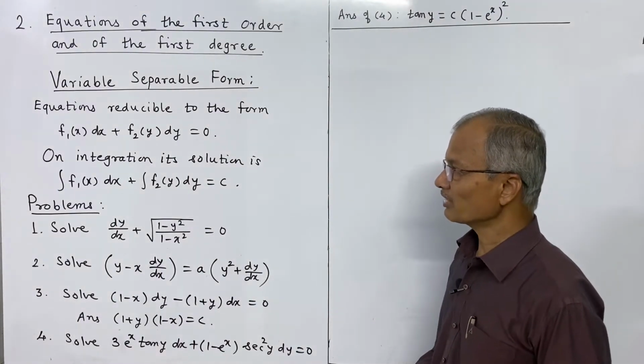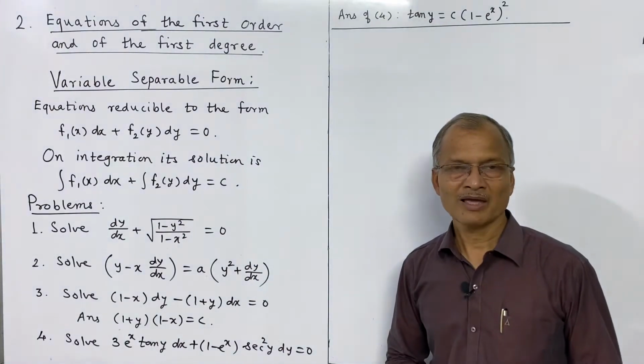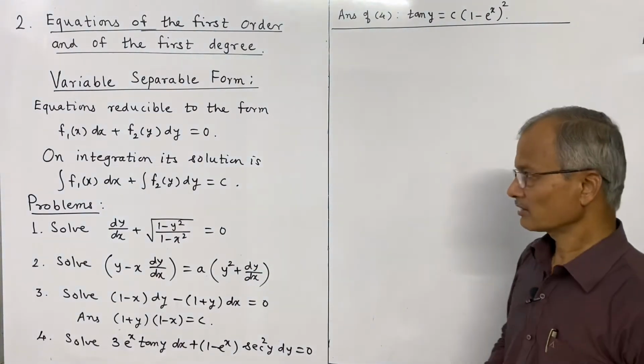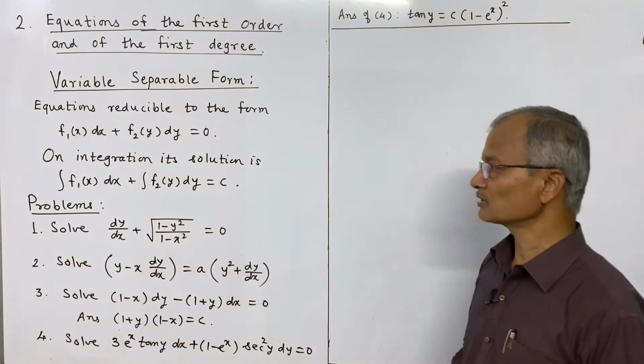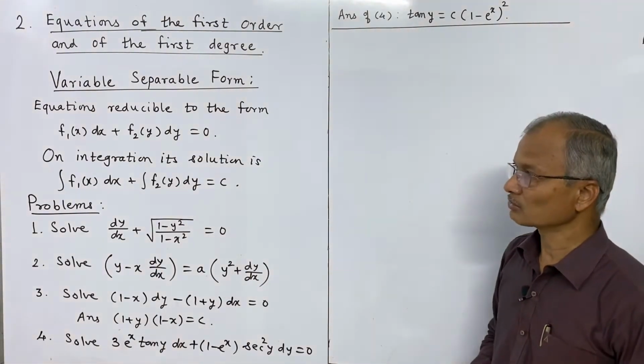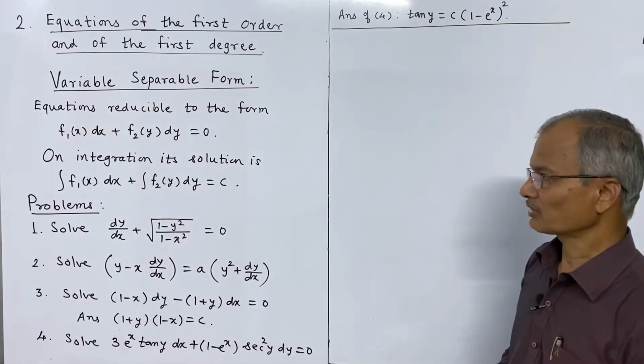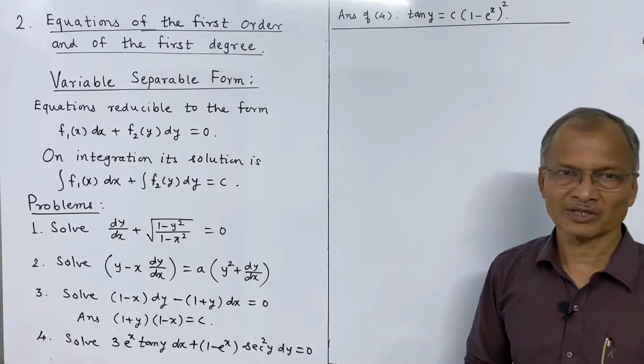For some differential equations the solutions are obtained by analytical methods, but for some differential equations we can't find the solution, and we have to use approximate methods, which are numerical methods.